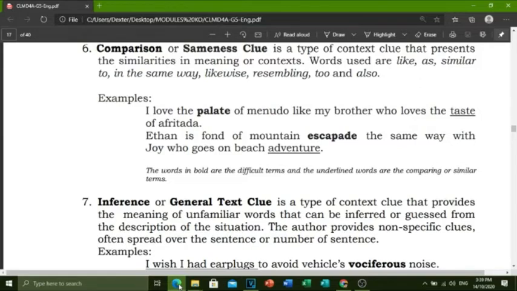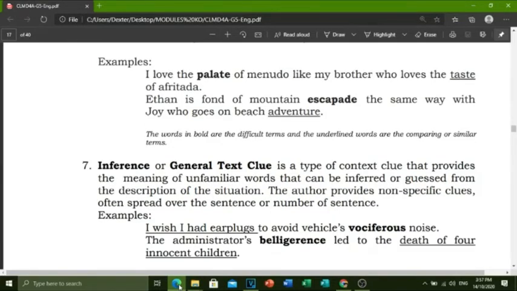Okay? So that is an example of comparison or sameness clue. Since the unfamiliar word is palate, the meaning of that word is taste, based on the comparison of the two foods. Naintindihan? Very good. Next example.